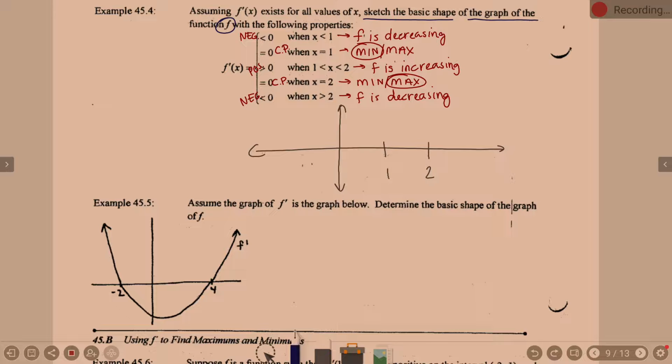So, okay, to the left of 1, what is my graph doing? It's decreasing, so we're going to be going down. At 1, we're going to hit a minimum. From 1 to 2, my graph is increasing. At 2, I'm going to hit a max, and then afterwards my graph is decreasing.